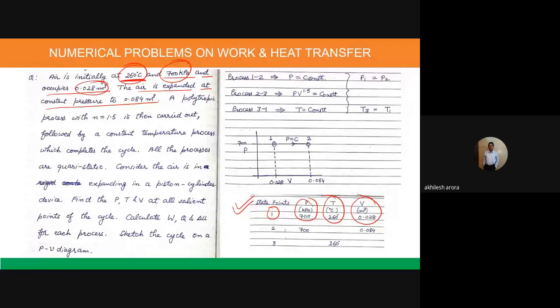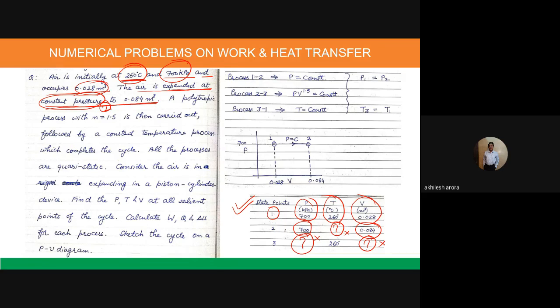The air is expanded at constant pressure, so at state point 2 the volume is 0.084 and the pressure will be the same, 700. Now I am left with T2, V3 and P3. These are the three unknown values which are not known to me.